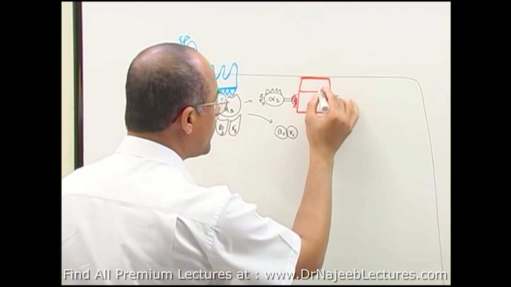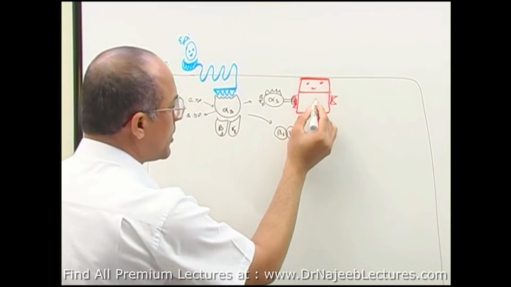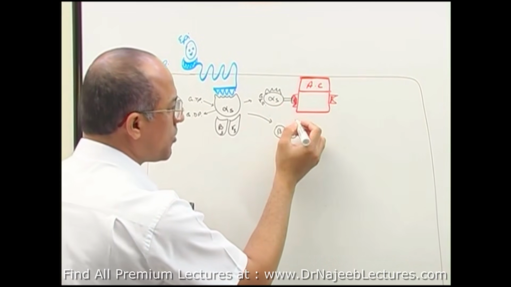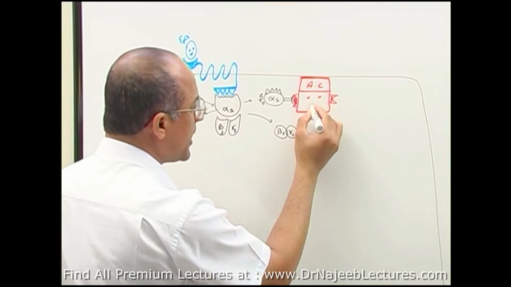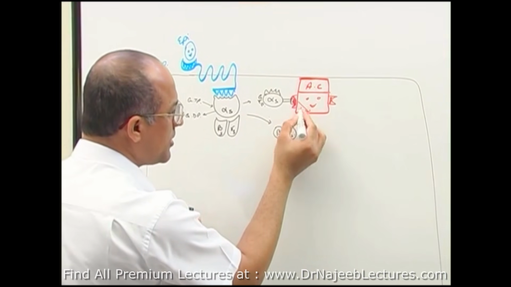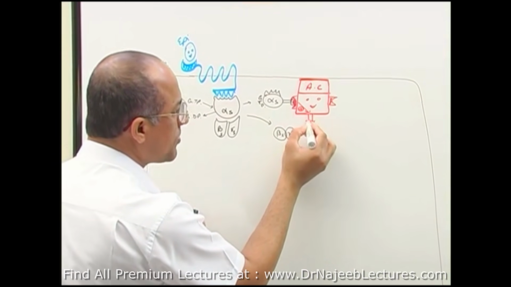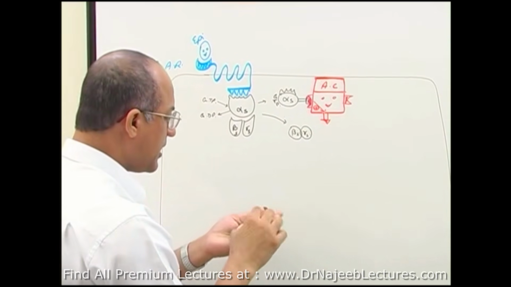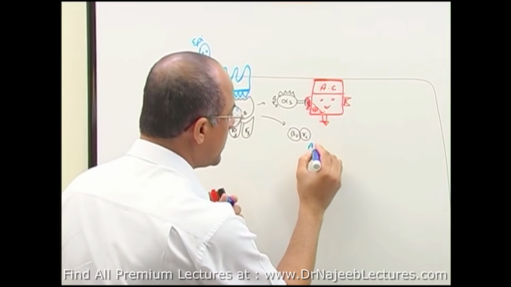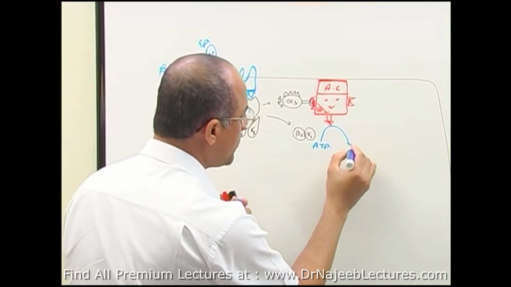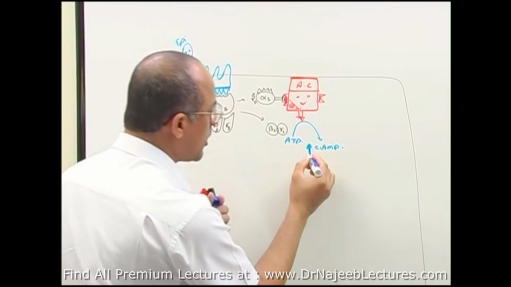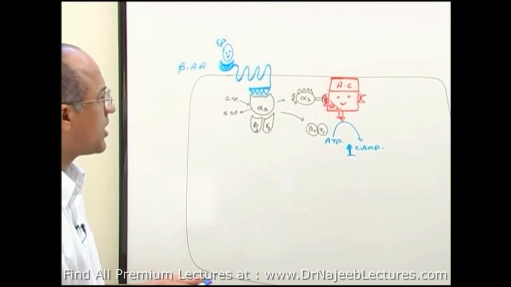And when this adenylyl cyclase is stimulated by alpha stimulatory, it stimulates the activity of adenylyl cyclase, and adenylyl cyclase will start converting ATP into cyclic AMP. So there is raised intracellular cyclic AMP level.